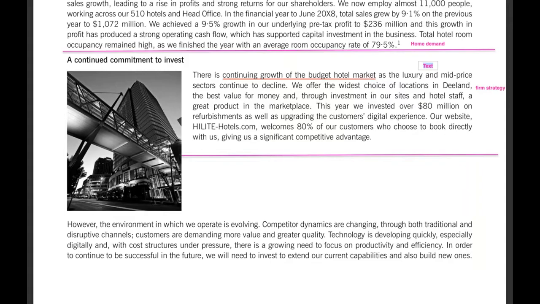But you can also talk about competitors in the luxury and mid-price sector, which is actually declining. Talking about this, you can talk about the rivalry here.